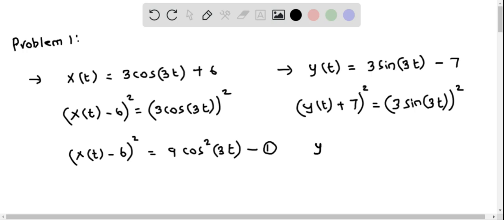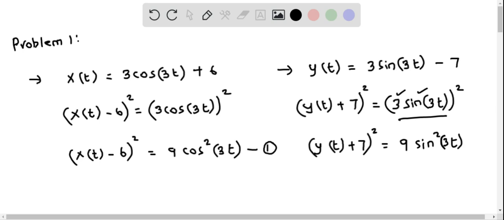And so this becomes y of t plus 7 quantity squared, and this equals the square of 3 plus the square of sine 3t. So the square of 3 is 9 and the square of sine 3t we write as sine squared 3t. Let's consider this as equation 2.